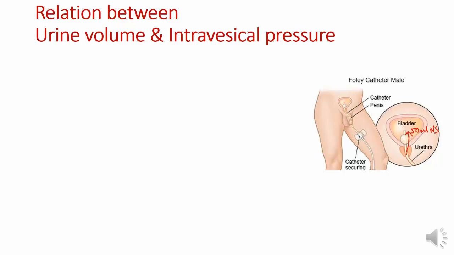Again we fill the bladder with another 50 ml of normal saline and note the pressure. By continuing this process we can get a curve, and this curve is called cystometrogram.